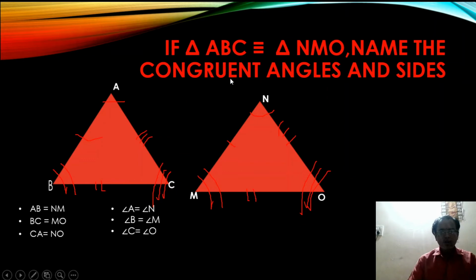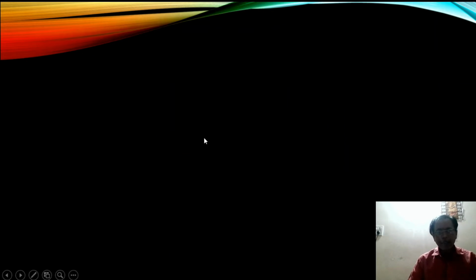Since they are already given as congruent, we equate the congruent angles and congruent corresponding sides. Therefore we can say triangle ABC is congruent to triangle NMO. Okay. So this is actually by SSS congruency.